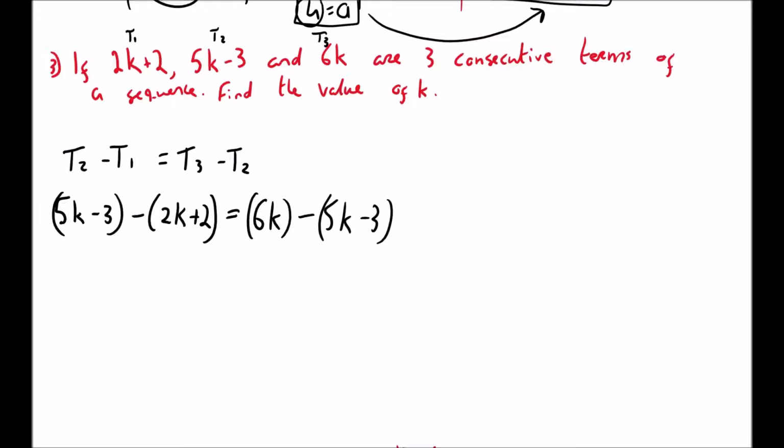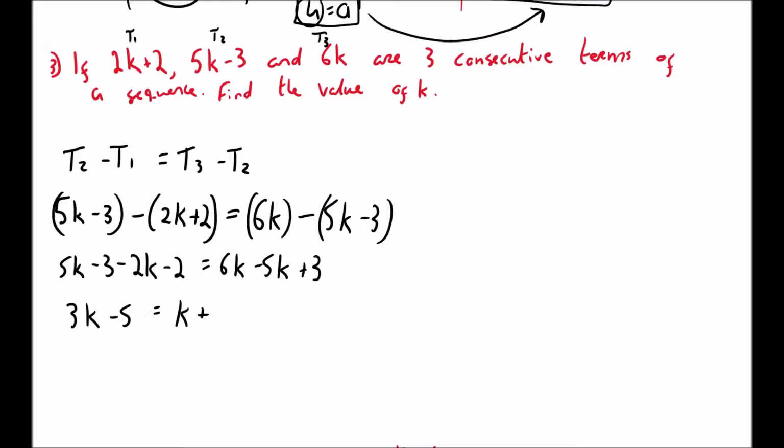Now I have an equation here. I have one unknown. That unknown is the k's. I can just simplify that out. So we have 5k minus 3 minus 2k minus 2 equals 6k minus 5k plus 3. Simplifying that, we get 3k minus 5 equals k plus 3.